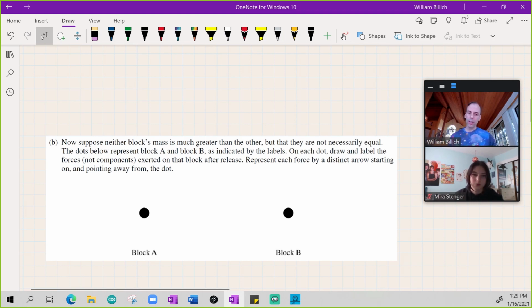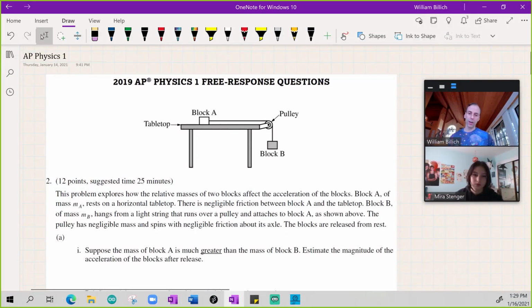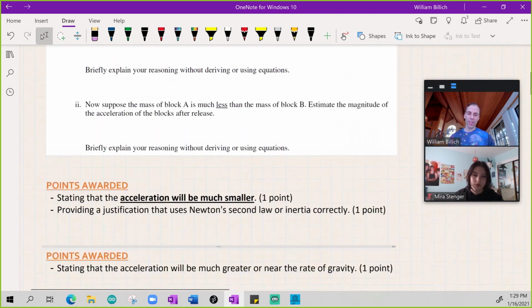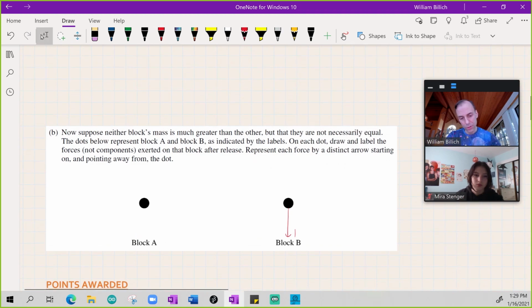So now basically they're saying, let's look at this original scenario here and draw the forces acting on each block. So block B, you have gravity pulling it down, which I will just denote by F of G. You have the tension in the rope pulling it back up.